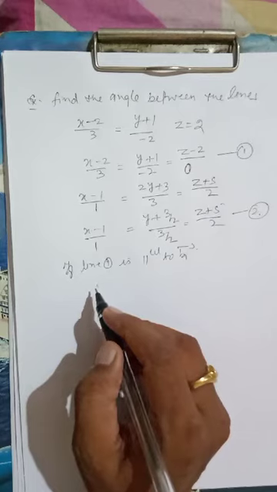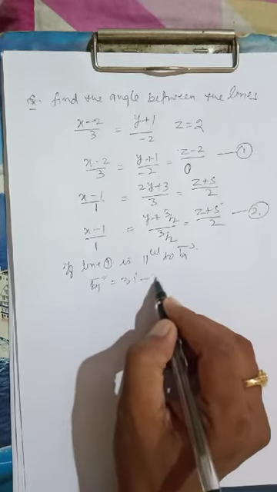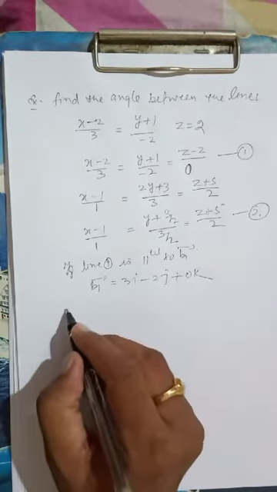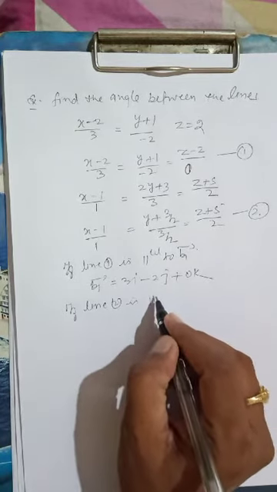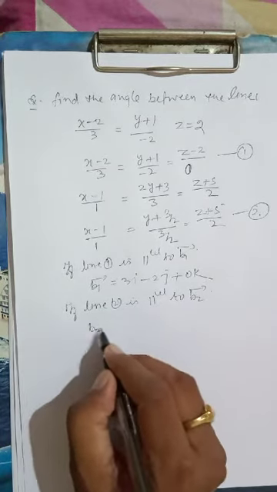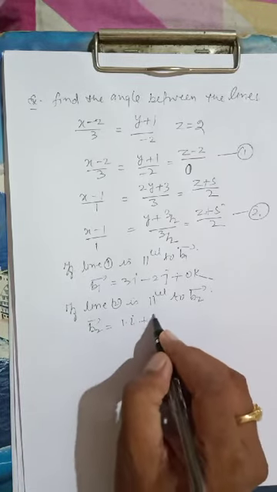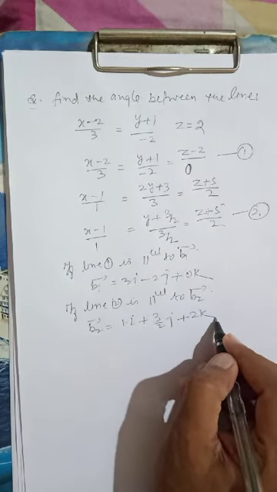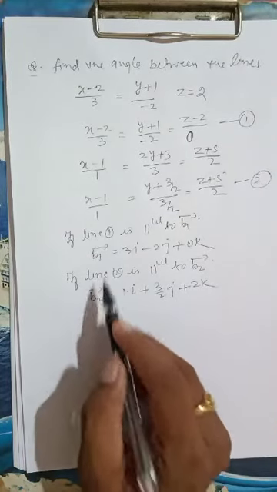So you write b1 vector as 3i minus 2j plus 0k. And similarly for second, if line 2 is parallel to b2 vector, then b2 vector is equal to 1i plus 3 by 2 j plus 2k. Then angle between them, so this is b1 vector and b2 vector.